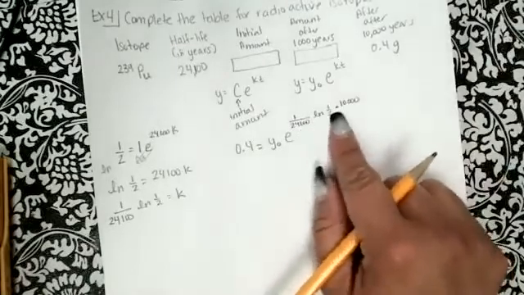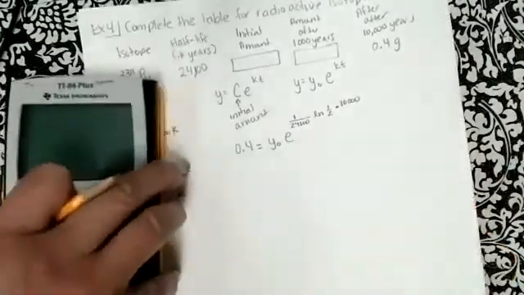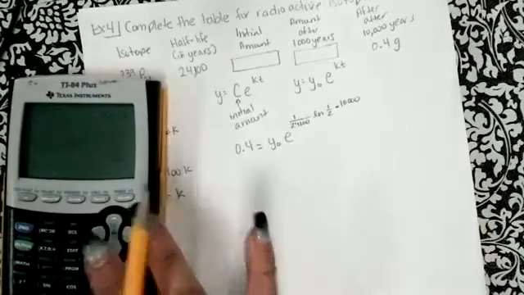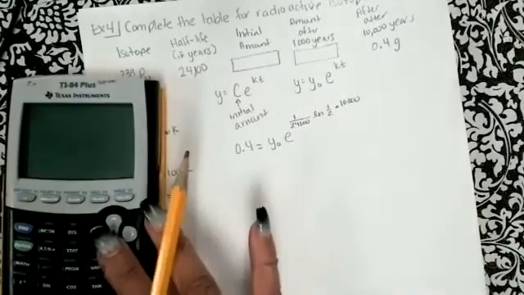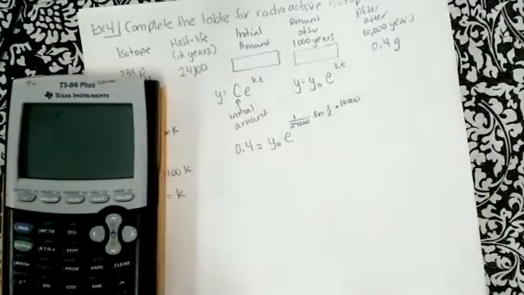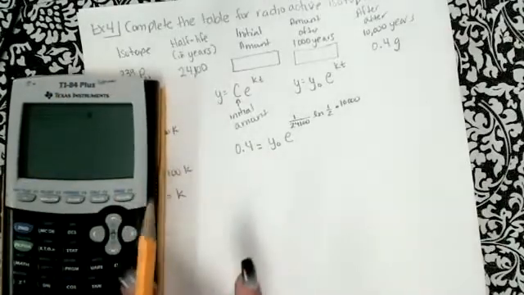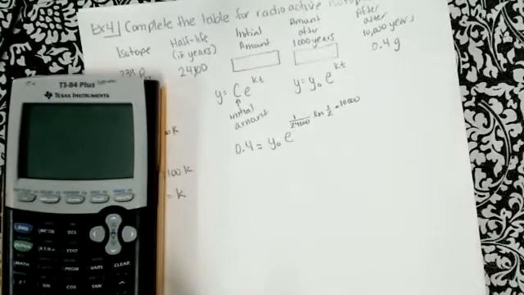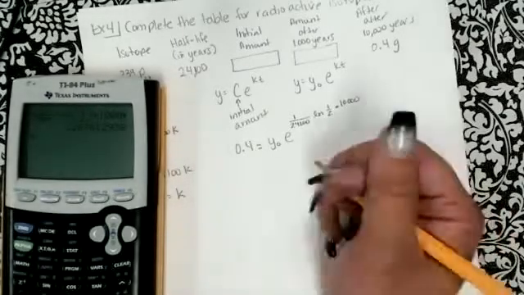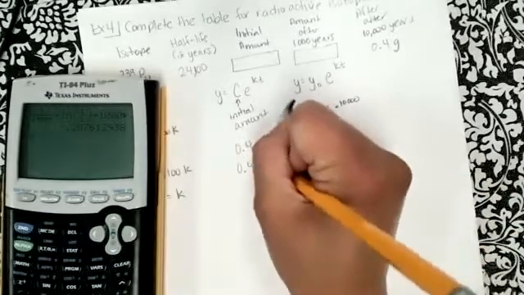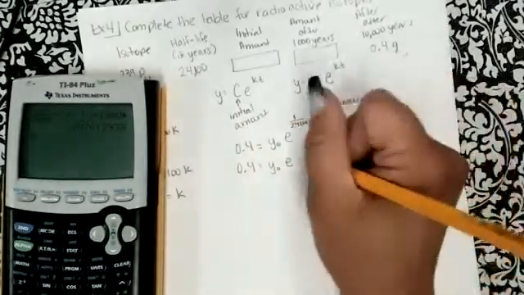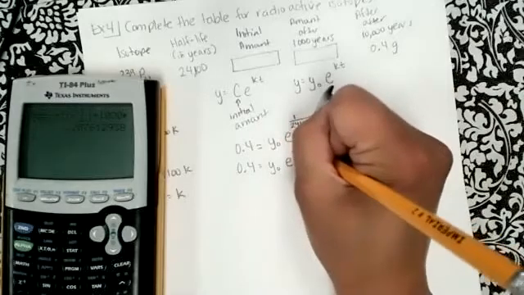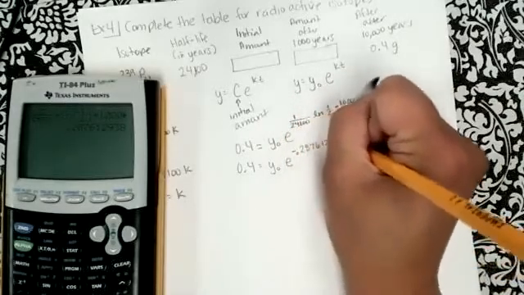Now I'm going to type all that in the calculator. So I have a fraction. 1 is the numerator, 24,100 is the denominator, times natural log of a half. And then I'm going to have that times 10,000. So I get 0.4 equals the initial amount, e raised to the negative 0.287612938.